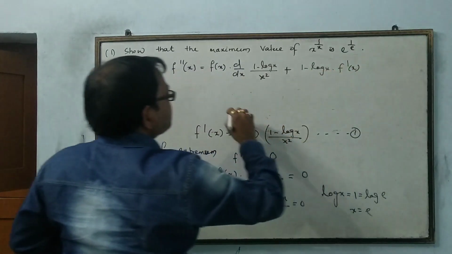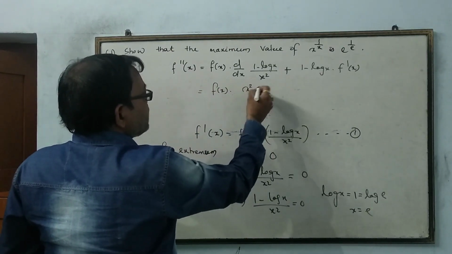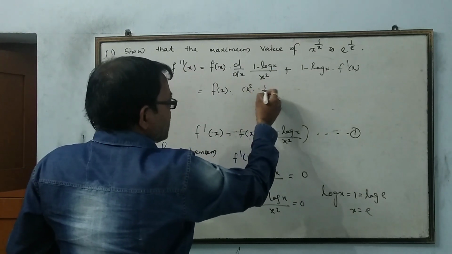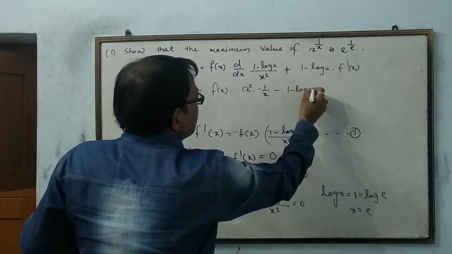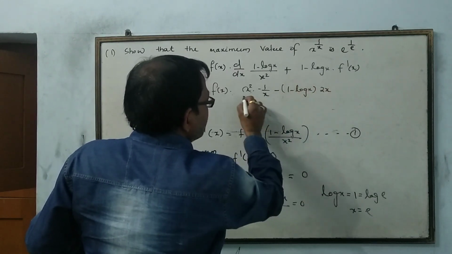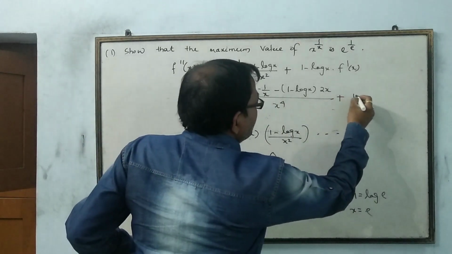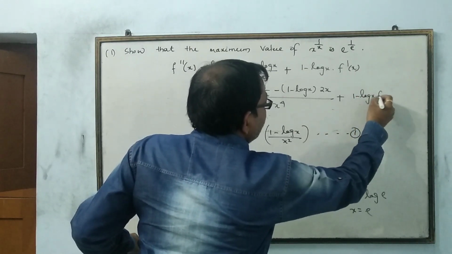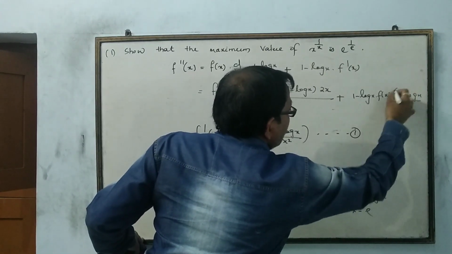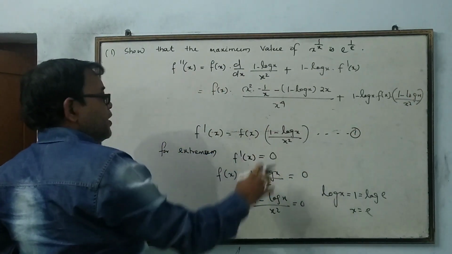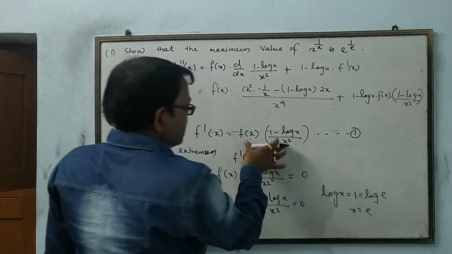For f dash of x, which is f of x into x square into d by dx of 1 minus log x, it would be minus 1 by x, minus 1 minus log x into derivative of x square, which is 2x, by x to the power 4, plus 1 minus log x into f of x into 1 minus log x by x square. I substituted the value obtained in equation 1 for f dash x.